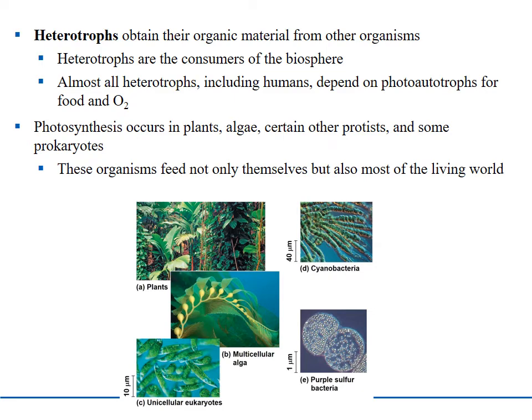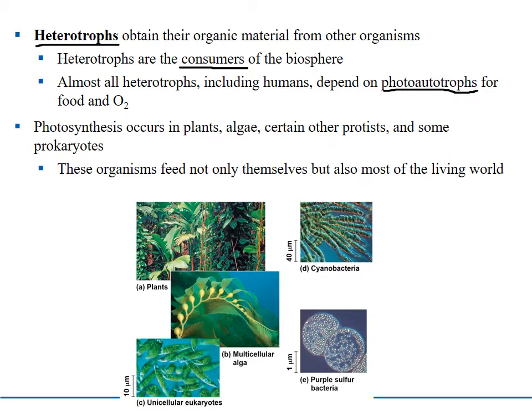All of the organisms on the planet that do not provide their own food and energy are referred to as heterotrophs. These are organisms that will eat other organic materials in order to get their energy, and we refer to them as consumers. Again, you'll talk more about them in Bio 2. Humans and almost every other heterotroph on the planet depends on photoautotrophs for their food and for their oxygen.